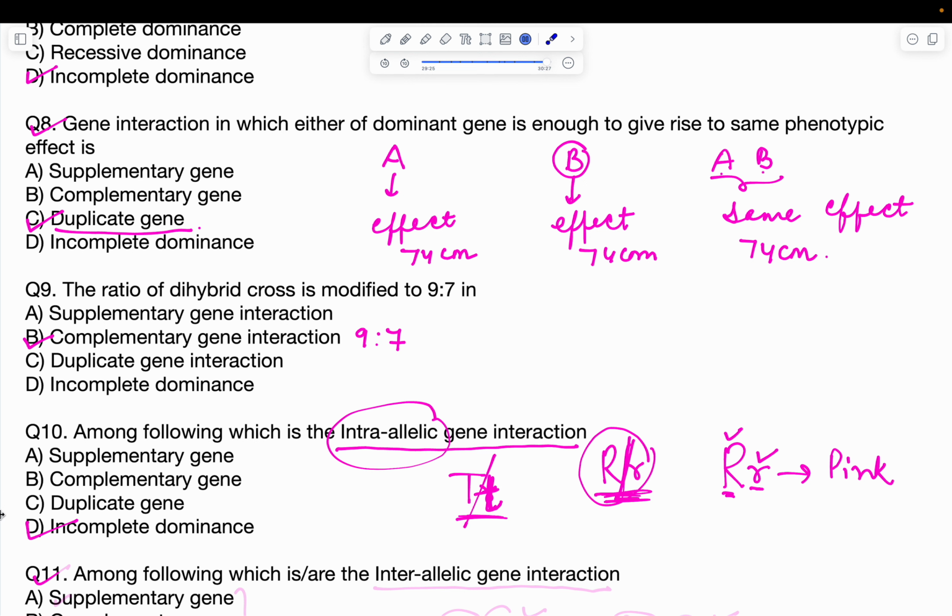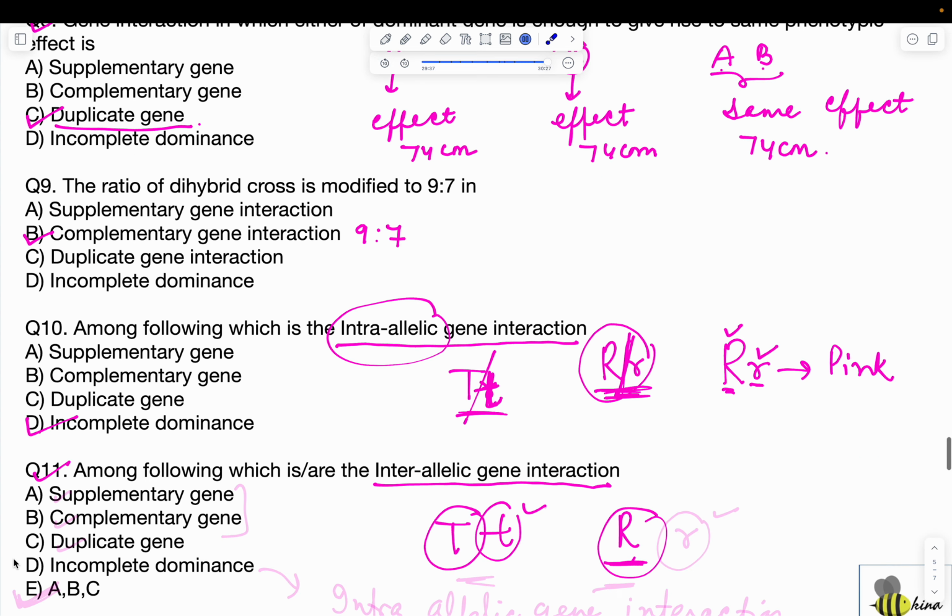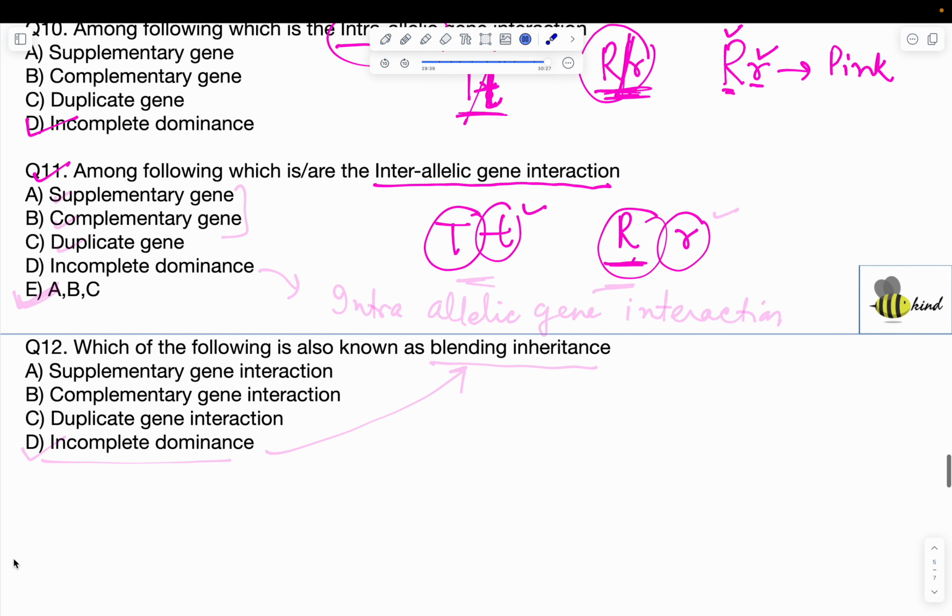Next question, among the following which are the interallelic gene interactions? That means how one allele is interacting with some other allele, and both are not alleles of the same gene, right? So this happens in supplementary, complementary, duplicate. So this happens in A, B, C, all the three.